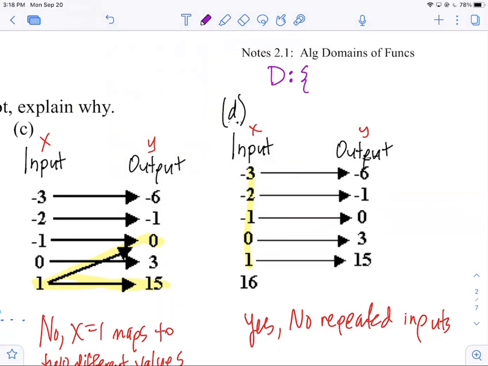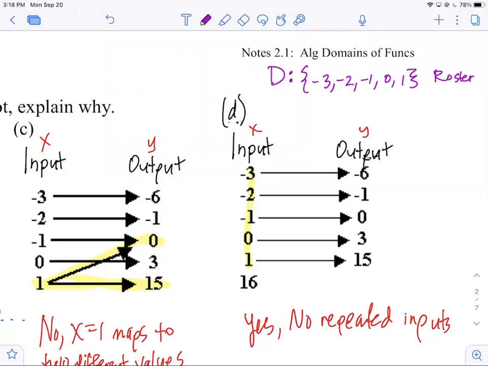What do you think the domain is for letter D, little d, the one we just did? Yeah, it's the collection of inputs, right, that actually go somewhere. So if you're going to list them, -3, -2, -1, 0, 1. We call this a roster notation, much like a sports roster. It's just a list of the team players. Who's playing for team domain? -3, -2, -1, 0, and 1.